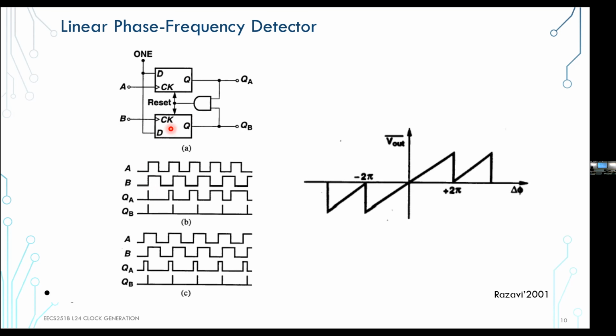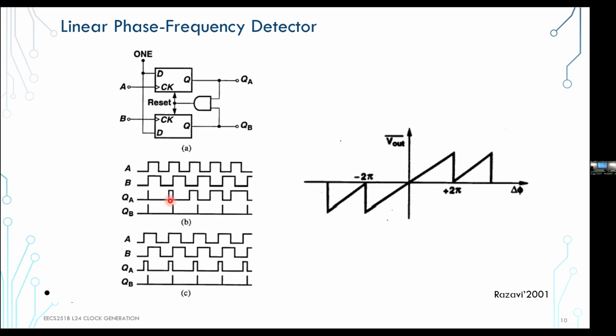Let's say initially they are reset. Then as these two trigger, they sample this 1 whenever they arrive, and then you're ANDing that to reset back again. So what you're creating are these pulses, where the width of the pulse shows how much non-overlap between the two blocks you have, or how much phase error.